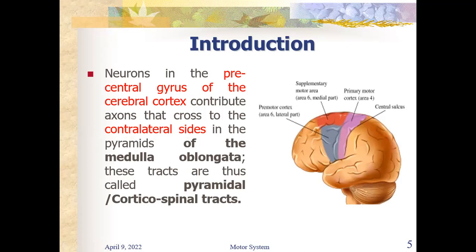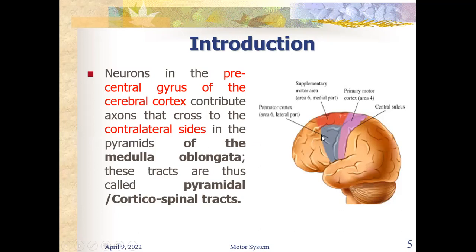Just in front of the premotor cortex is the prefrontal area, that's the prefrontal area here. This is the premotor cortex here, this is the primary motor area. So the medial part of the premotor cortex is the supplementary motor area.